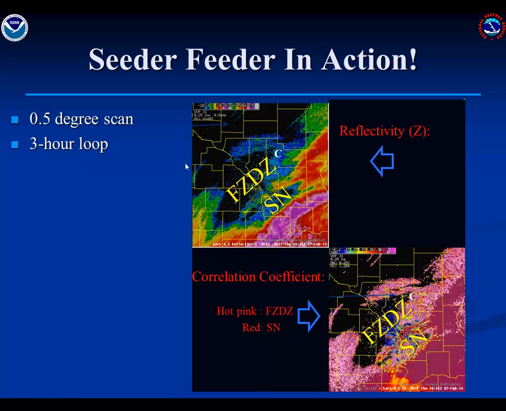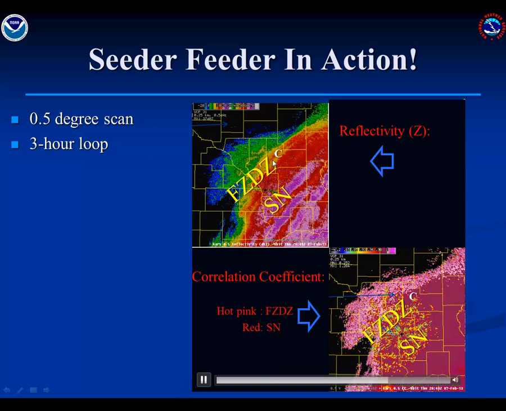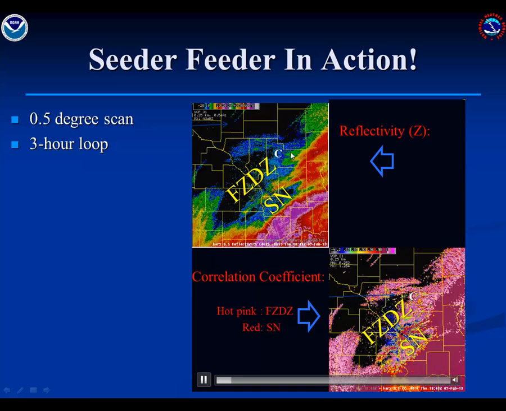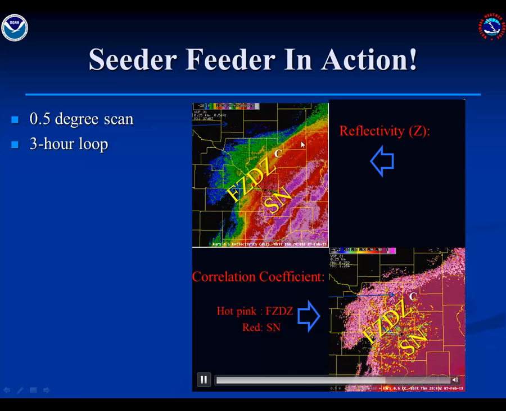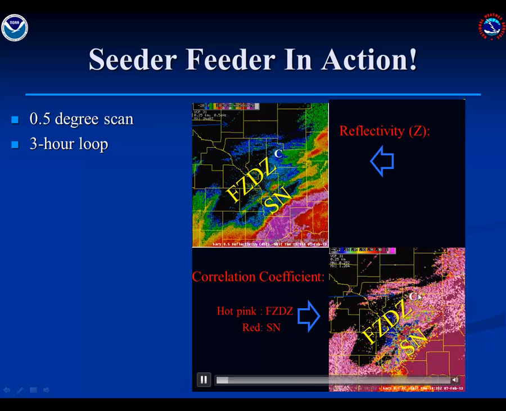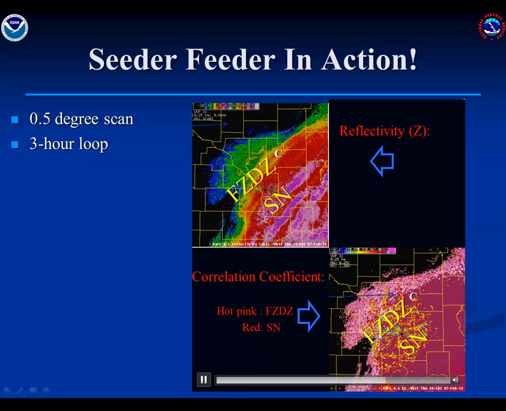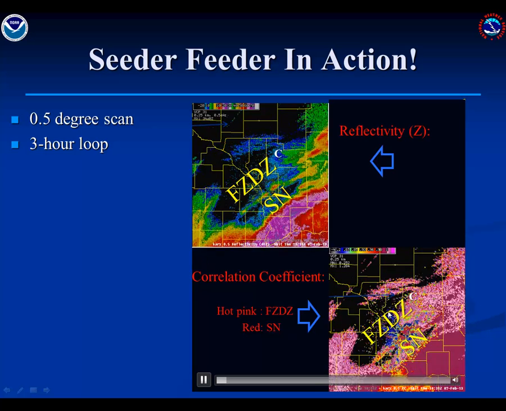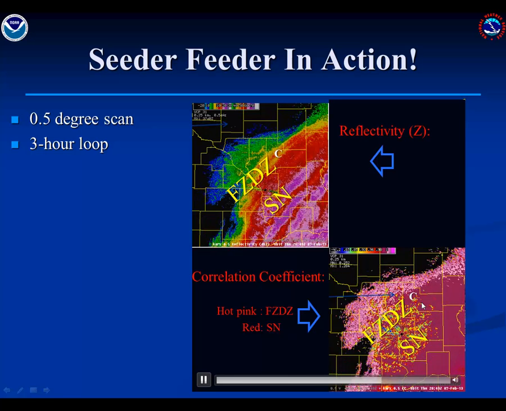And so you see that actually taking place with the reflectivities increasing rapidly here within a few volume scans over to the red reflectivities, which were somewhere near 20 dBZ. And then down below in the correlation coefficient, you see a nice match with all of the correlation coefficients lighting up in red, where the precipitation type was changed over to ice or snow.